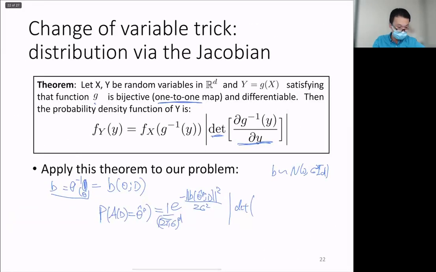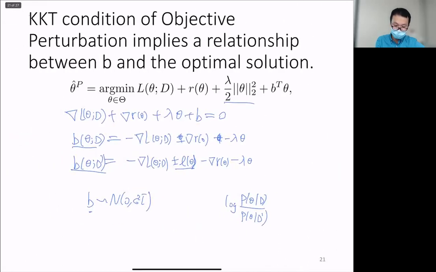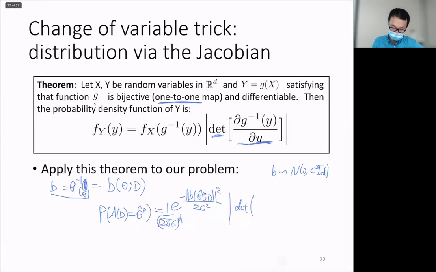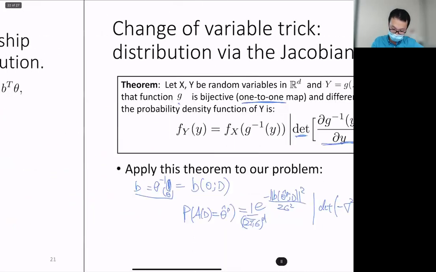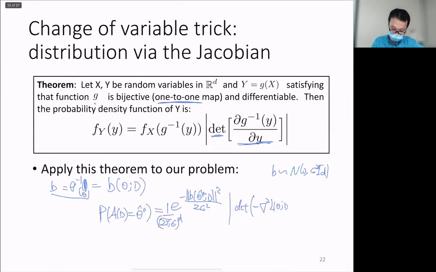So what is b again? b looks like this. We need to take one more derivative of this: the gradient becomes the Hessian, and the identity map becomes the identity matrix. So what we get is the determinant of the negative Hessian of L(theta given D) plus the second derivative, the Hessian, of R, minus lambda times the identity matrix.